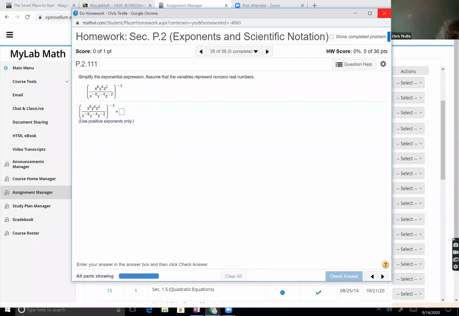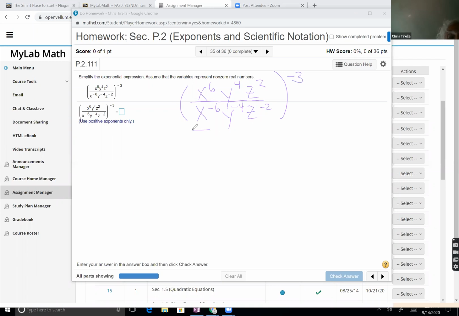With this one, what we have inside the parentheses is x to the 6, y to the 4th, z to the 2nd, over x to the -6, y to the -4, z to the -2, and all of that's being raised to a power.